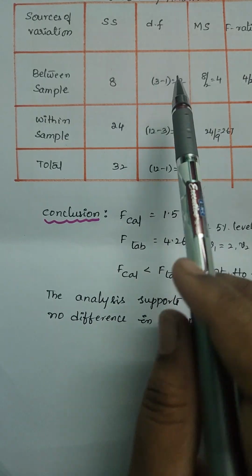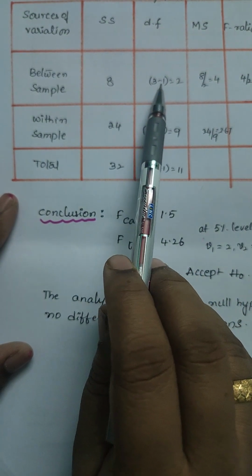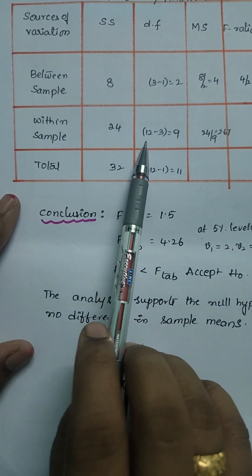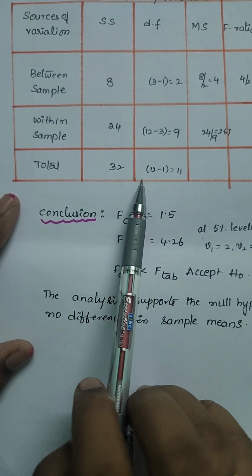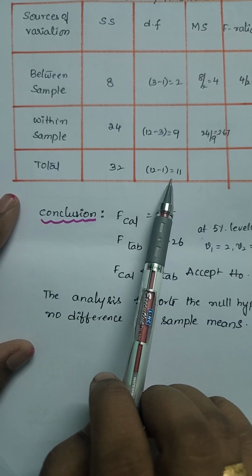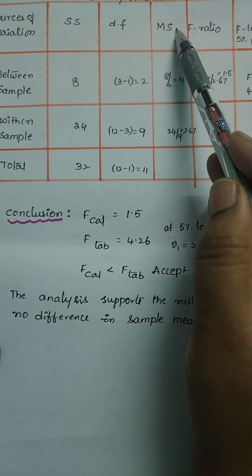Now the degree of freedom between samples is 3 minus 1, since there are 3 varieties of seeds. 3 minus 1 is 2. Within the samples we have 12 entries, so 12 minus 3, which is 9. Total is 12 minus 1, which is 11. Now mean squares.